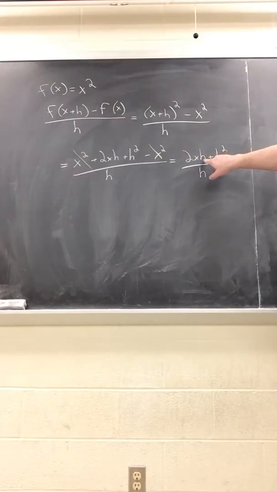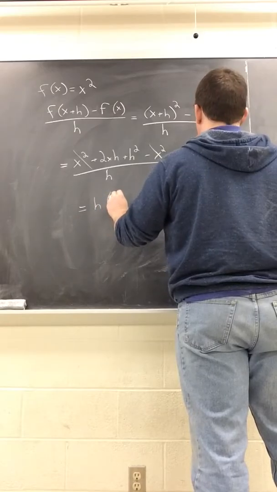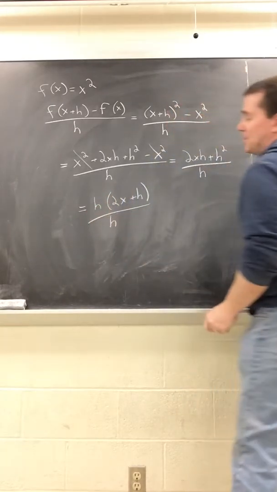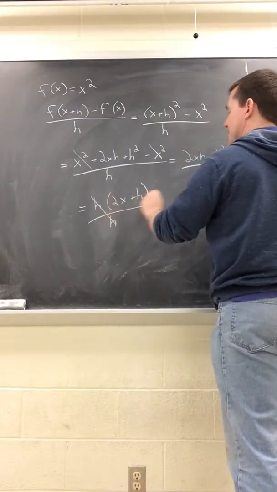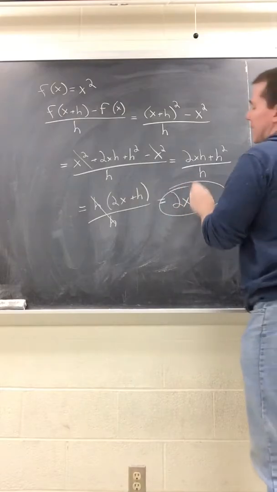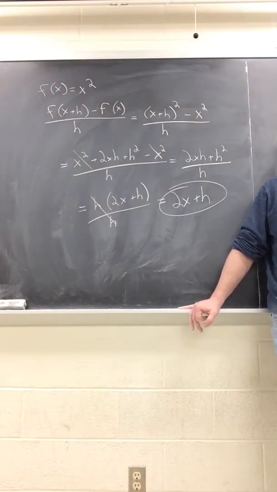Here there's a common h on top, so factor it out. And we get h times 2x plus h all over h. Now those h's cancel, and we're left with 2x plus h right there. For the purposes of this class, we can actually stop right there. We simplified that out as much as we could.